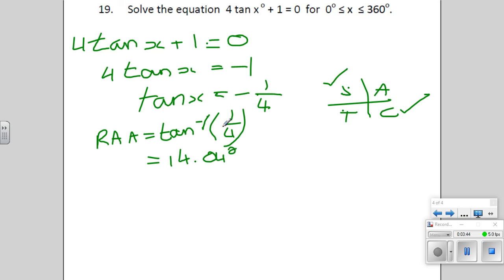Okay, by applying the rules of both of these quadrants, I actually have that my angle x is 180 minus 14.04 and 360 minus 14.04.